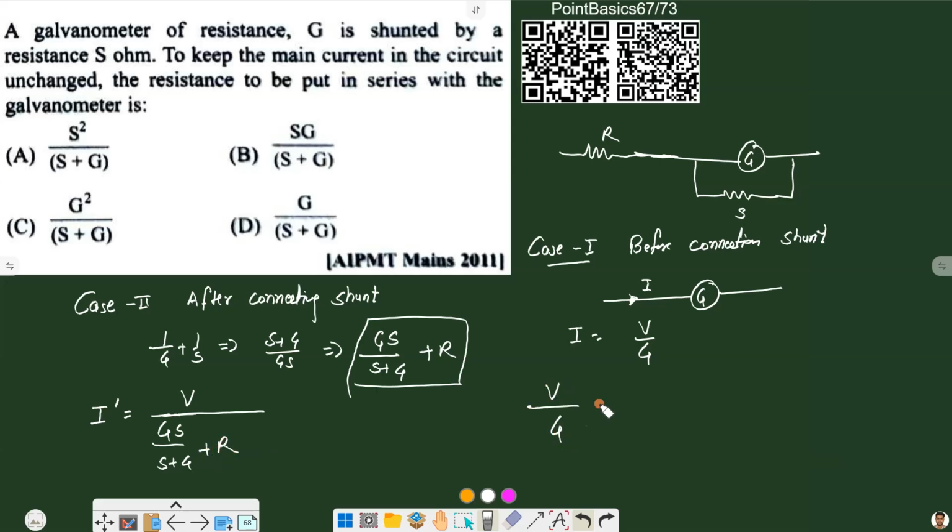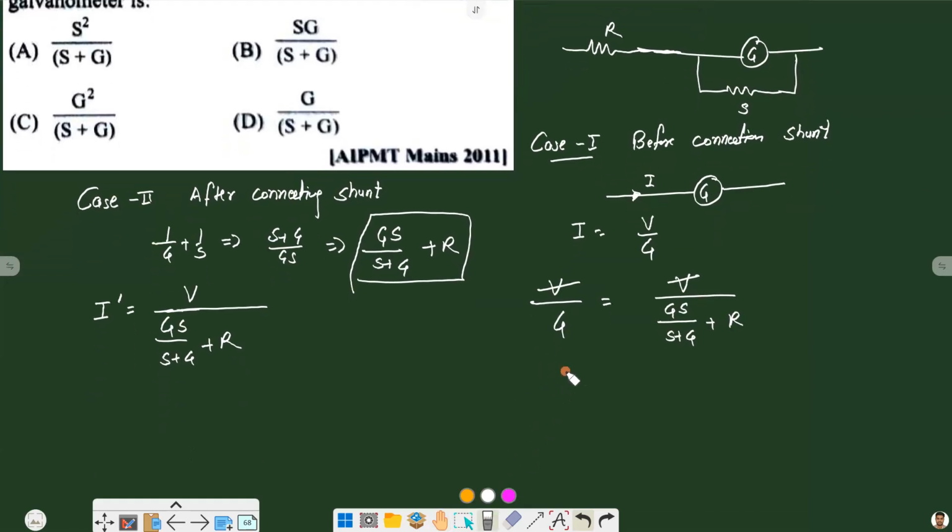So V by G is equal to V by GS by S plus G, plus R. V gets cancelled, and from this we can write that G is equal to GS by S plus G, plus R, and we have to find the value of R. So R will be G minus GS by S plus G. Taking the common denominator S plus G, it will be GS plus G square minus GS.